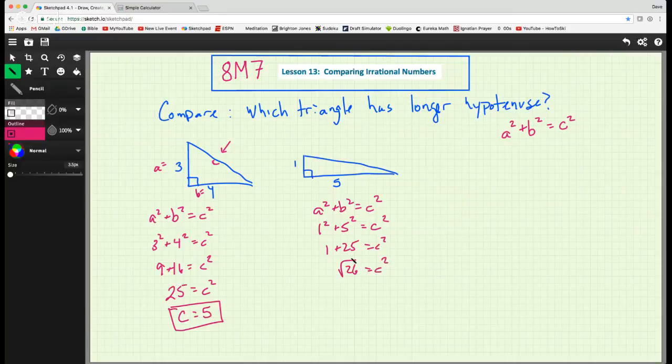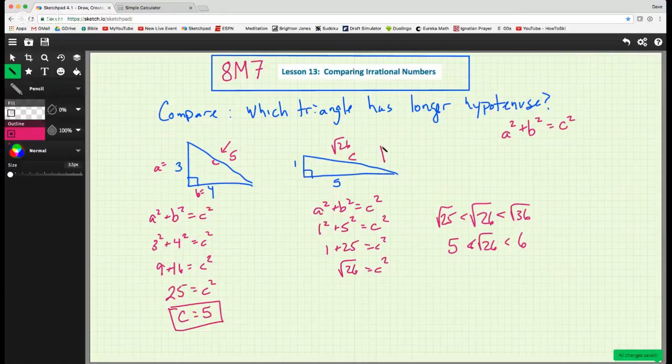Well, the square root of 26 is between what two numbers? 5 is less than the square root of 26, which is less than 6. So in this case, my hypotenuse is bigger than 5. This triangle has a hypotenuse of the square root of 26, and this one, the hypotenuse is 5.